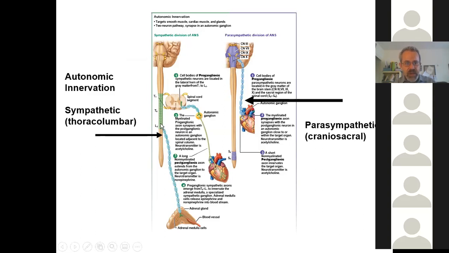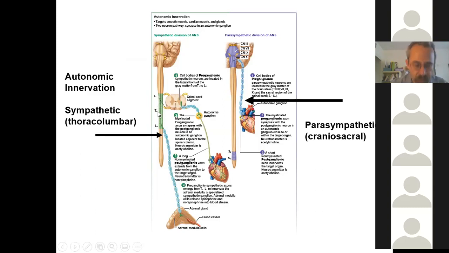The sympathetic nerves originate in what we call the thoracolumbar region of the spinal cord. And that name really speaks volumes, right? It's the thoracic lumbar area. They refer to it as T1 to L2.